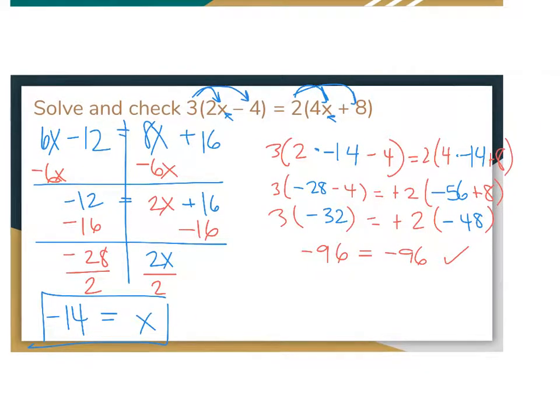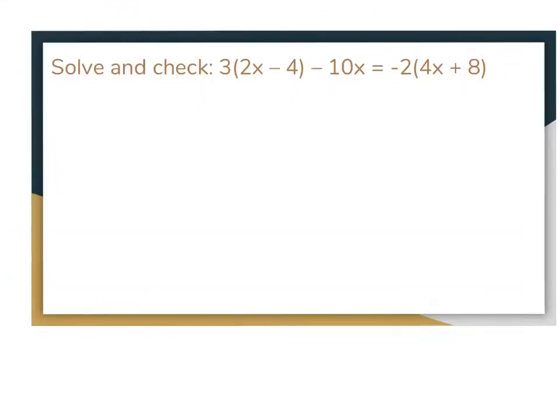Okay. So how does this problem change from the previous problem? Okay. So you can see on this problem, I added a negative 10x to the left side, then the 2 became a negative. Okay.